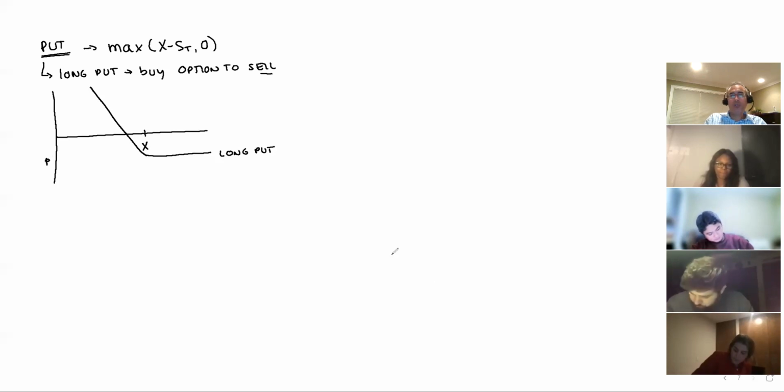The short put obviously is the reverse. If someone sells you the option, he will keep the premium if the price is X or larger than X, and he's going to lose infinitely if the price goes below X, below this point here.